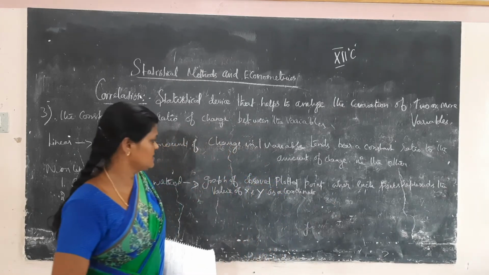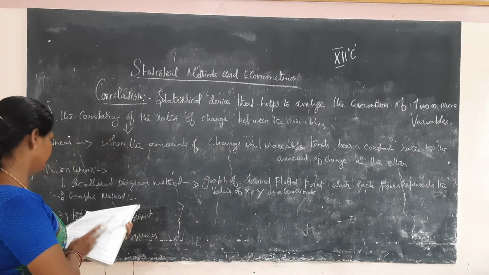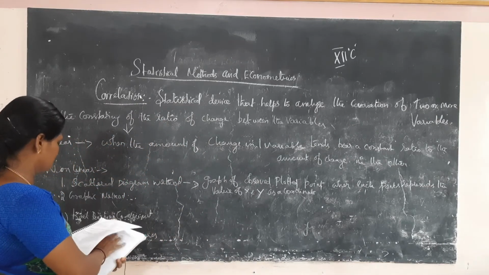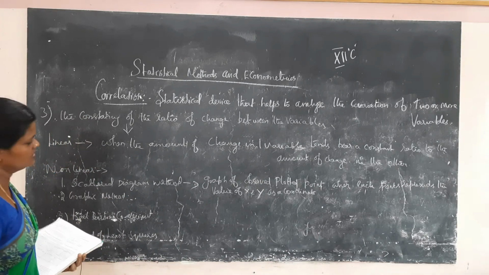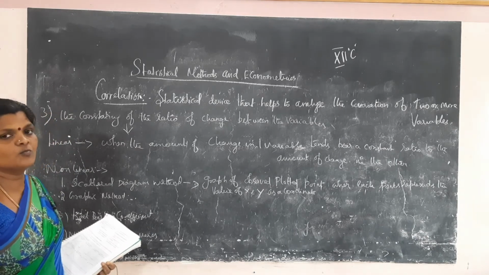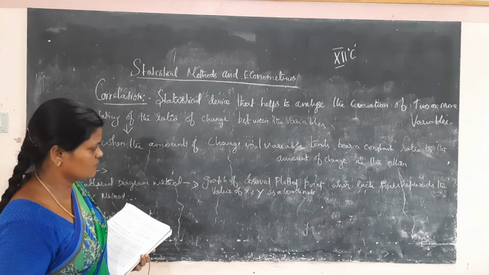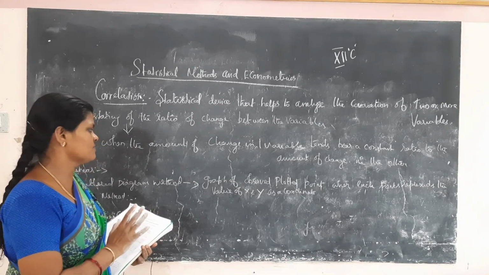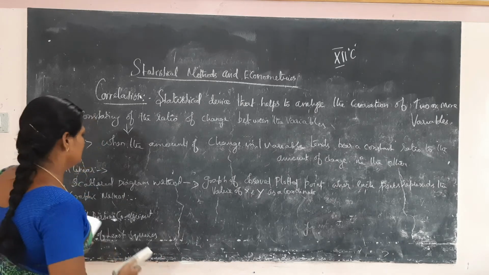It portrays the relationship between the two variables. Scatter diagram method is a graph of observed plotted points, where each point represents the value of x and y as a coordinate.